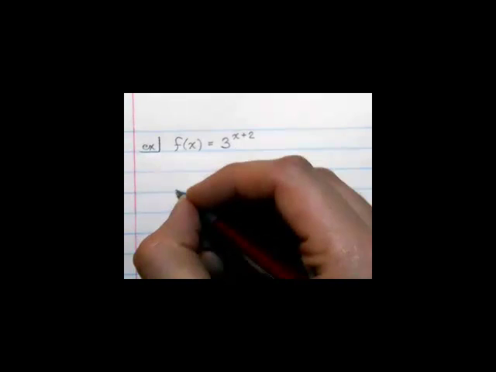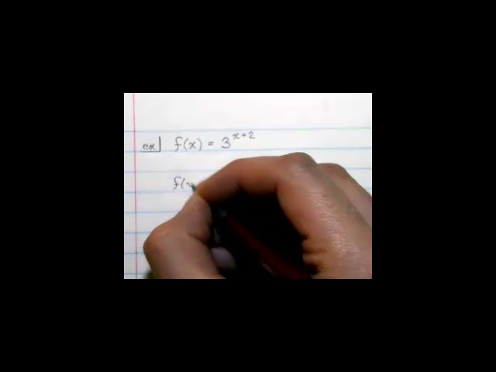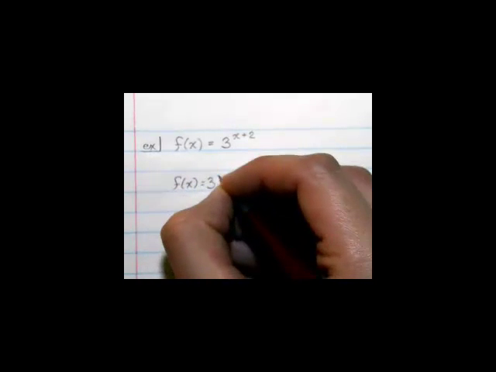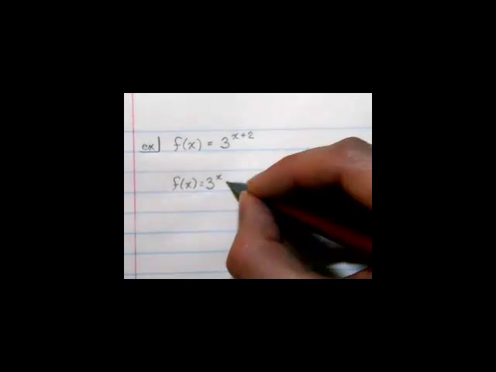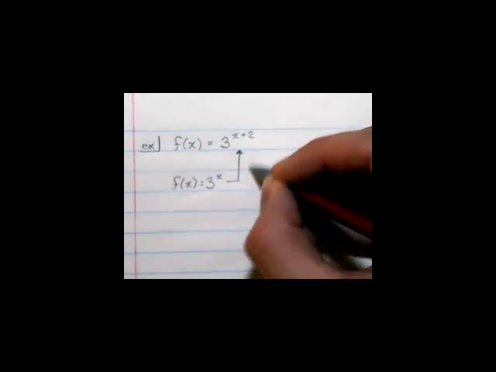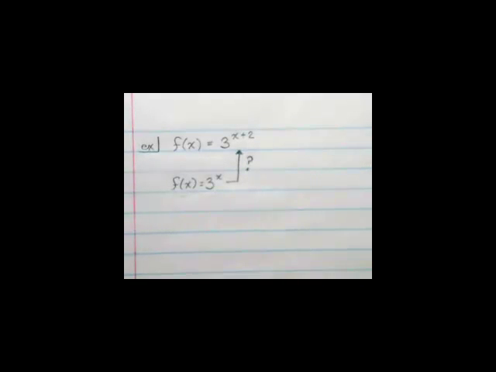All right, let's start with this guy. 3 to the x plus 2. So this is a transformation of 3 to the x. Okay, so 3 to the x is kind of like your starting point here. So how has 3 to the x changed to get us to that equation? How has the graph of 3 to the x been changed?